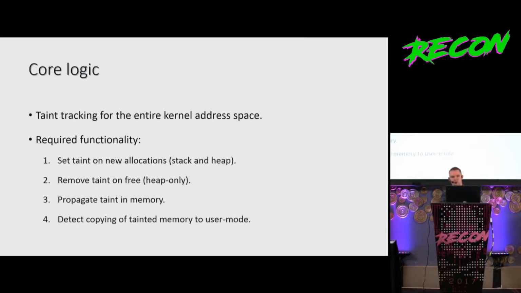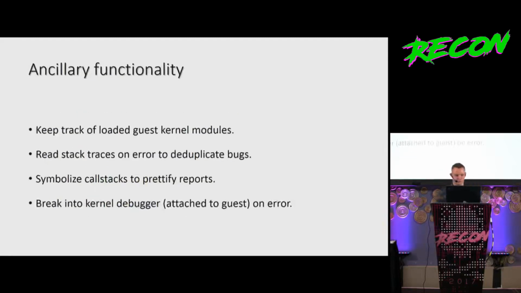The core logic of Bochspwn is basically just to have taint tracking for the entire kernel address space. For this, we have to be able to set taint on every new allocation that is going on, both on the stack and the heap, remove taint on free on the heap, of course, and propagate taint in memory once it is copied between 2 different regions. And what's most important in all of this is detecting copying of tainted memory back to user mode.